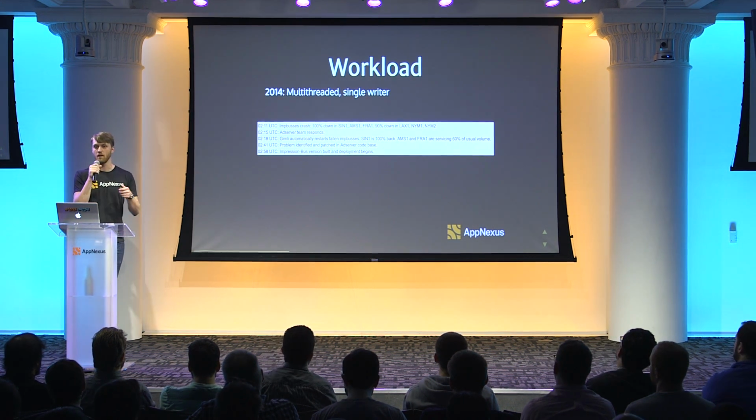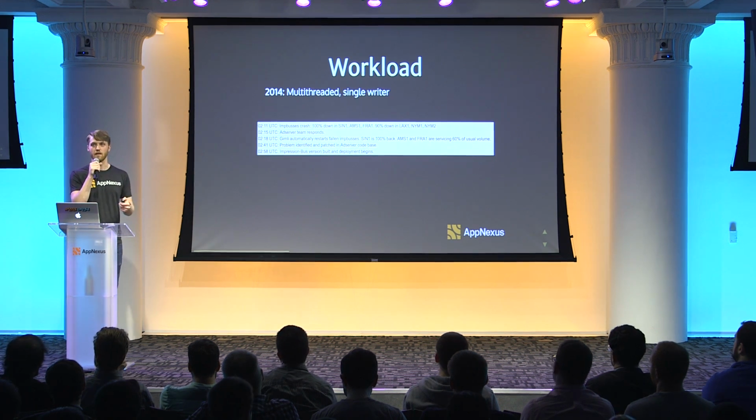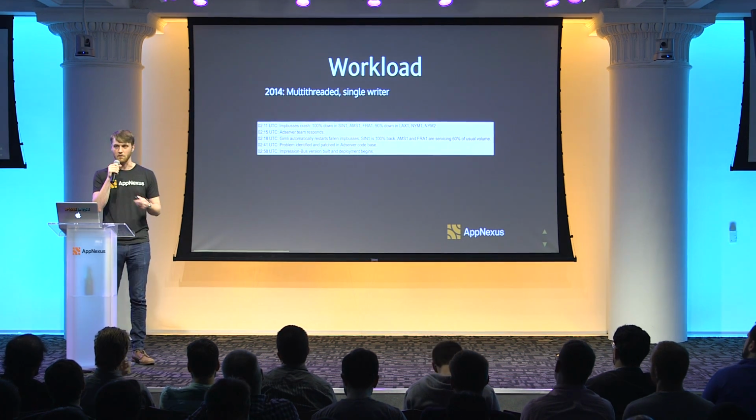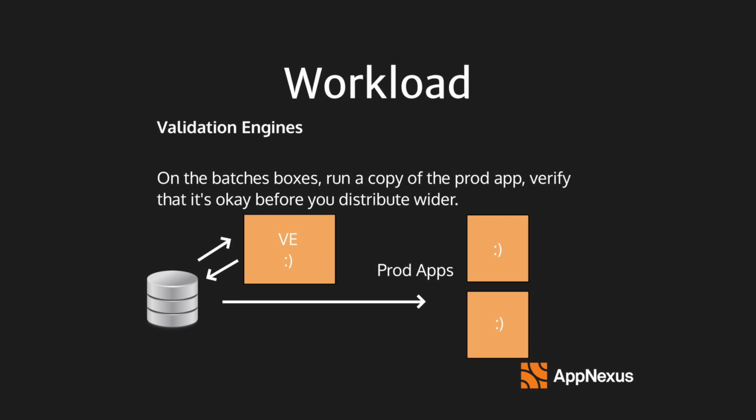And this is a problem with a lot of distributed systems, not unique to us, but it plagued us for the first several years of our company life. And this is a failure of validation engines. So in like 2010, we had this problem, maybe 4 times in a week or something, where we'd crash and go down. So we said, we need to validate these diffs before they go to production.